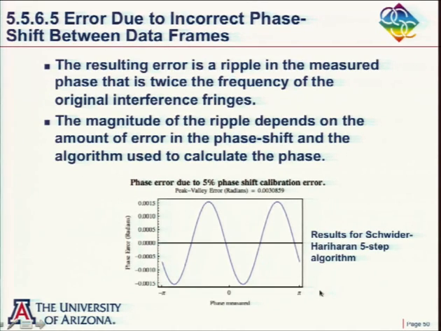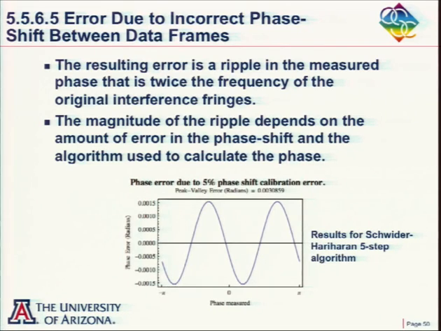We'll derive this particular algorithm in a couple of minutes here. But for this particular case, for the simulation, I put in a 5% phase error. So that means that the phase shift was 90 degrees plus or minus 5% of 90 degrees.